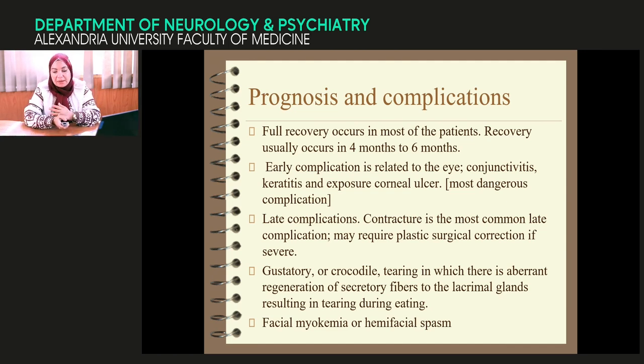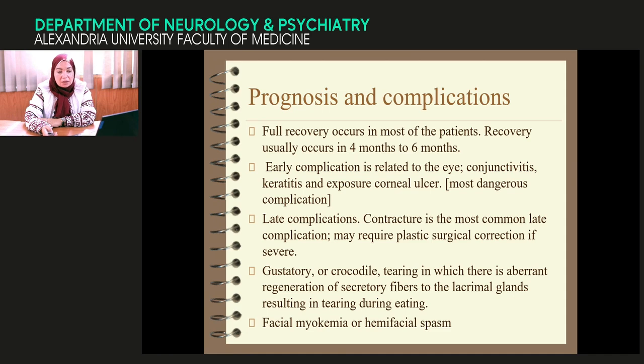Because of that, if we cannot care about it, it will lead to conjunctivitis, keratitis, and exposure corneal ulcer. The exposure corneal ulcer is the most dangerous complication that can be seen in Bell's palsy. Because of that, we must take very, very good care of the eye during management.